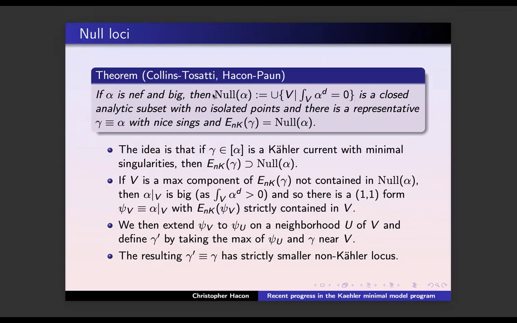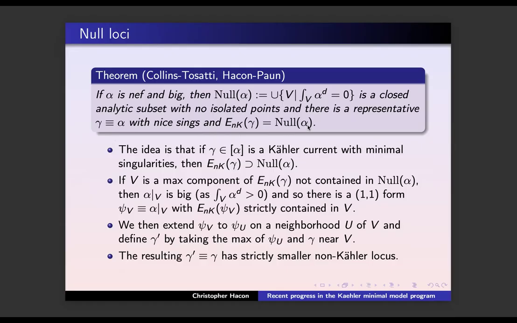So it's natural to consider this null locus. It turns out that this is a closed analytic subset with no isolated points. You can find a Kähler current representing the class alpha whose singularities are exactly the null set of alpha.